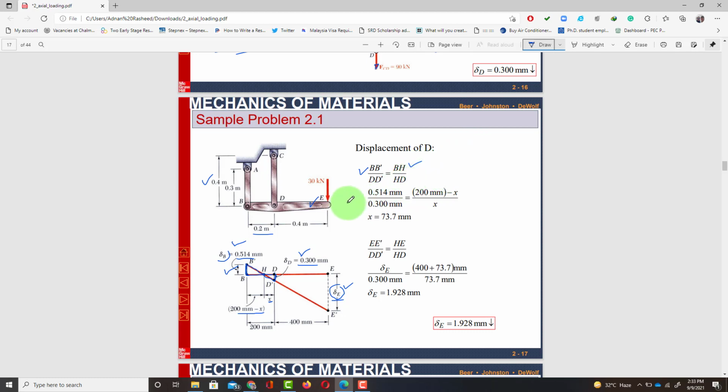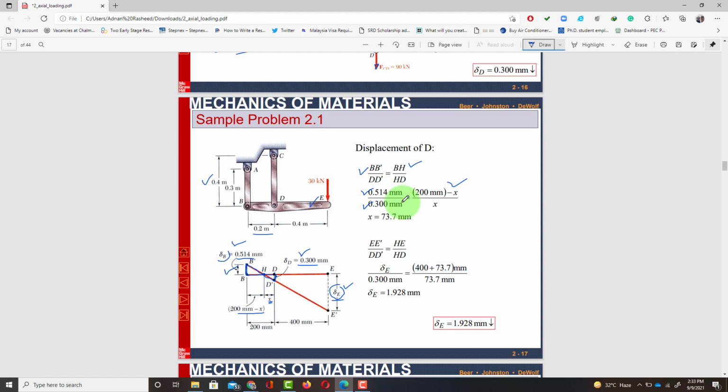Yes, sir. Okay. So BB dash is 0.514 and DD dash is 0.30. BH is actually 200 minus X, and HD is equal to X. Clear?